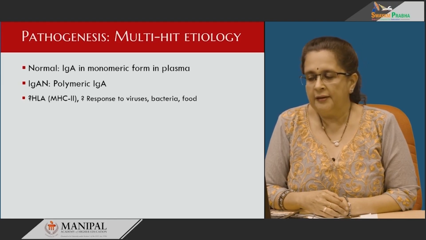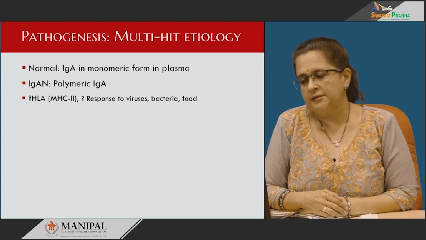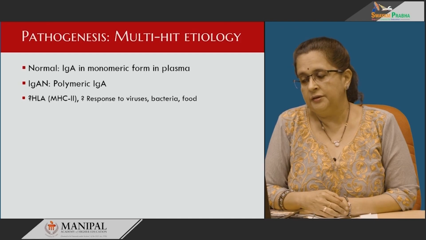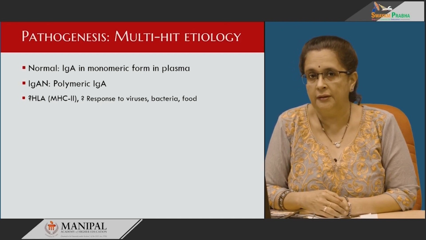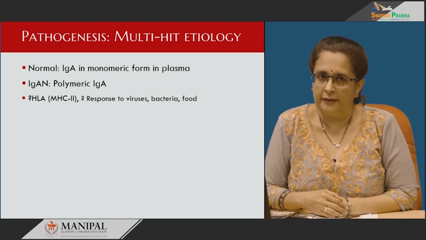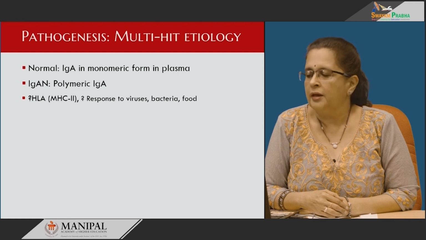And environmental studies as well as epidemiological studies have shown that the susceptibility to disease may also be in some individuals linked to altered response to certain viruses, bacteria or certain antigens in food.